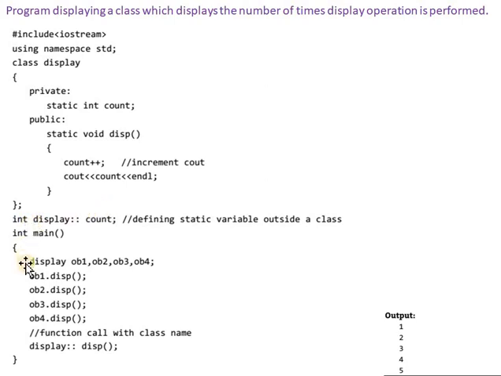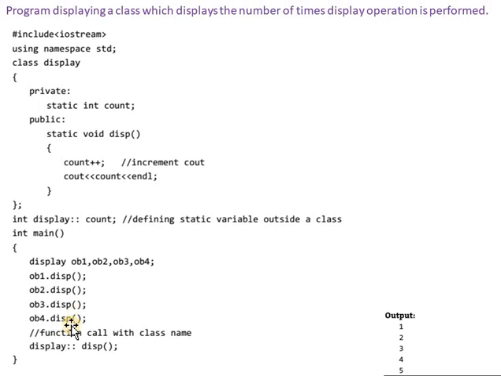Next, in the main function, 4 objects of the display class are created, named ob1, ob2, ob3 and ob4. Each object calls the display function, which is a static member function.